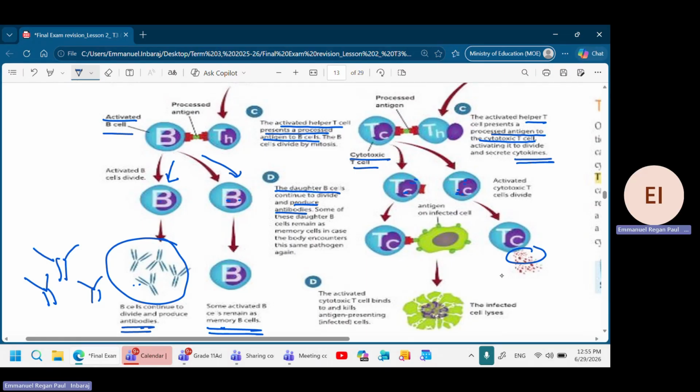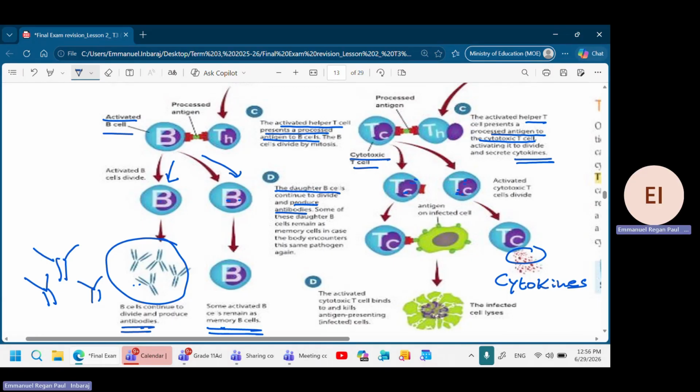See, they release a chemical called cytokines. What is the role of cytokines? Cytokines will break the cells. They will break the pathogens. That is the role of cytokines.